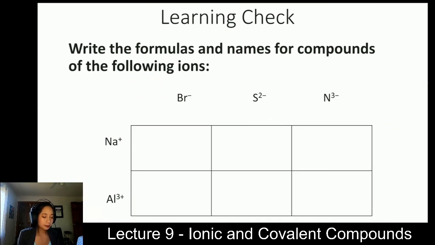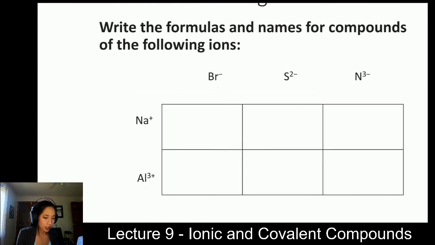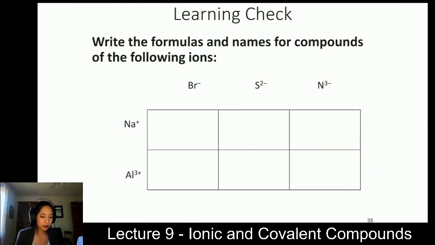So let's put together some cations and anions and form some compounds and think about naming. Here I have a table of a bunch of cations and a bunch of anions. Let's go through getting those formulas, putting them together as neutral compounds, and then naming them. In this case, because they're all ions, all of these are ionic compounds.